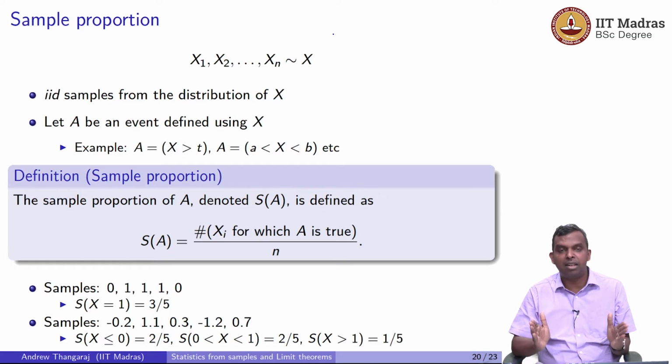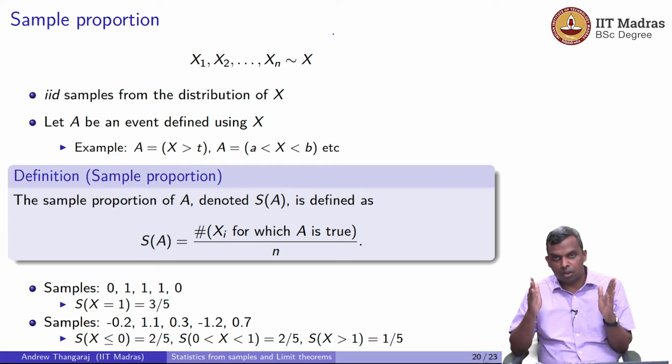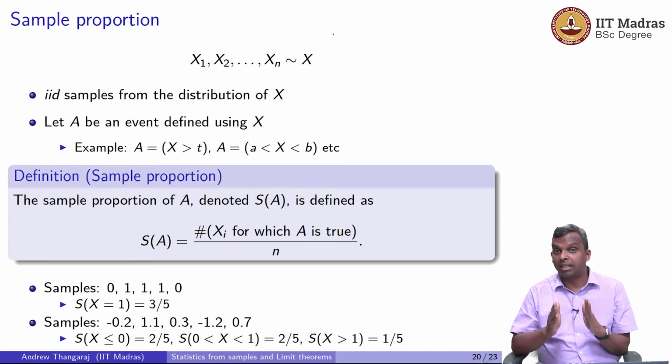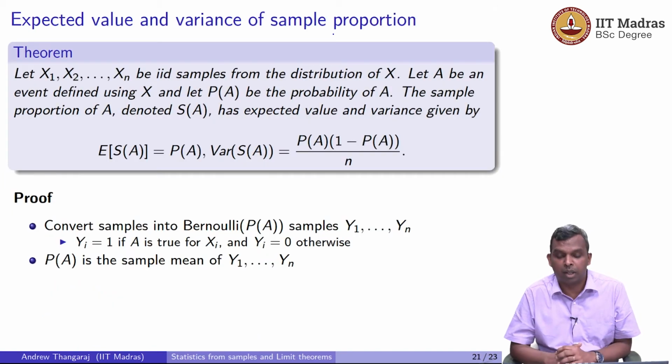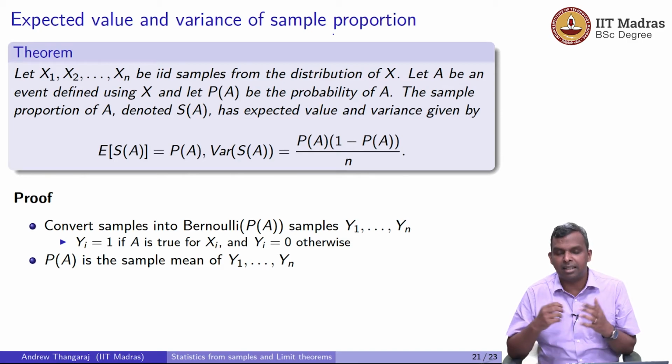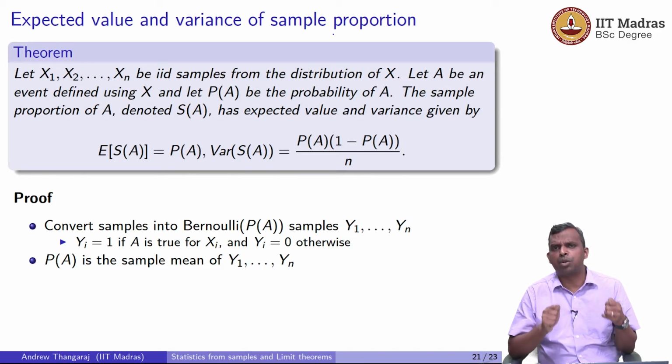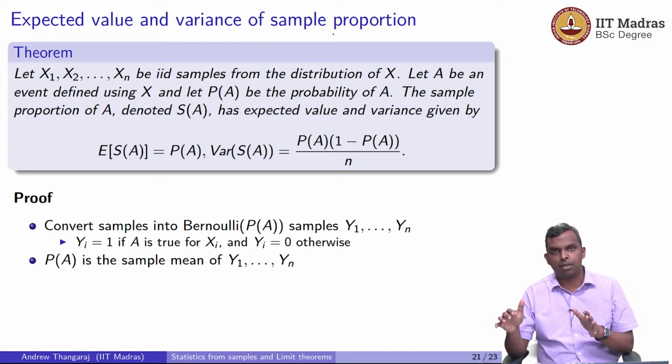Given any event defined using the common distribution, I can find the sample proportion of that event quite easily from the sample. Just straightforward computation. Here's the big result. This is a very important and interesting result that ties up a simple statistical procedure that we do from the samples. So that's the common theme. Hopefully you get that.